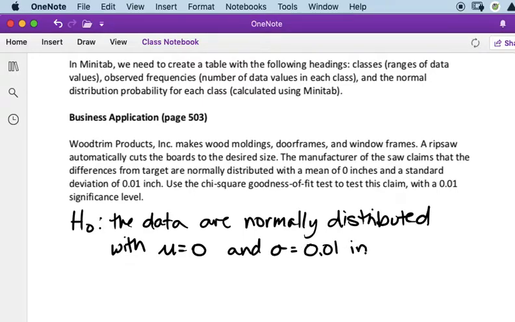This is the claim that the manufacturer is making. My alternative hypothesis is that this is not true. So the data are not normally distributed.